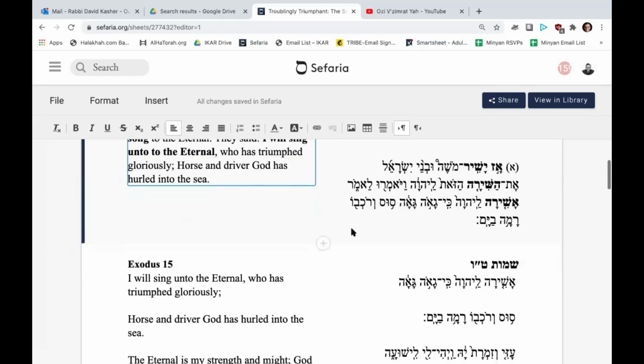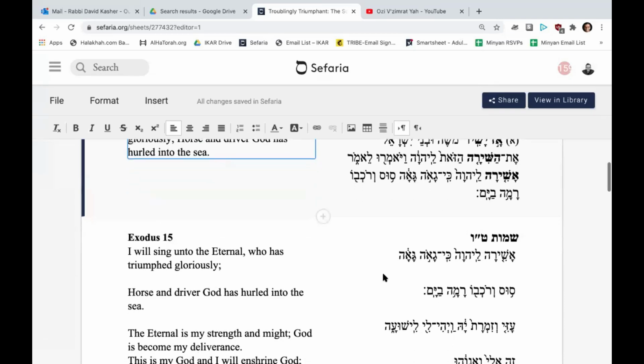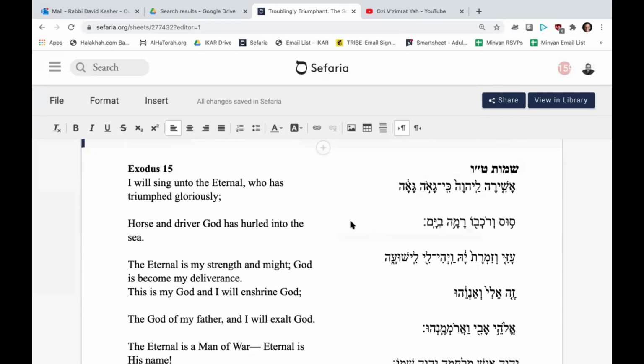That little lead in, and we often lead in that way, and then the poem begins: Ashira Ladonai Ki Ga'o Ga'a. I will sing unto the Eternal, who has triumphed gloriously. Sus v'rochvo Rama vayam. Horse and driver, God has hurled into the sea.